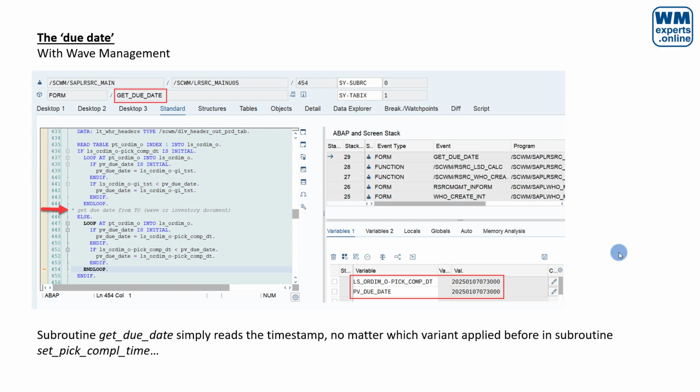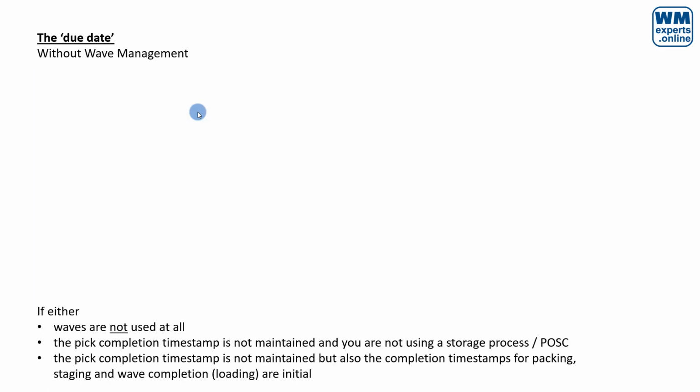The due date as such is, as I said before, then fetched by the subroutine get due date, and that just reads the timestamp and hands it over to our MVP function module that I mentioned before. If you are either not using wave management at all, or the pick completion timestamp is not maintained and you are not using any storage processes, so that the way of calculating that I showed you before depends on the planned duration from the storage process.